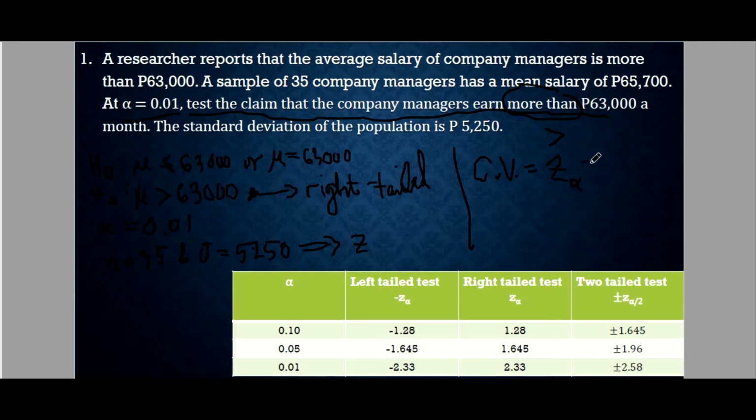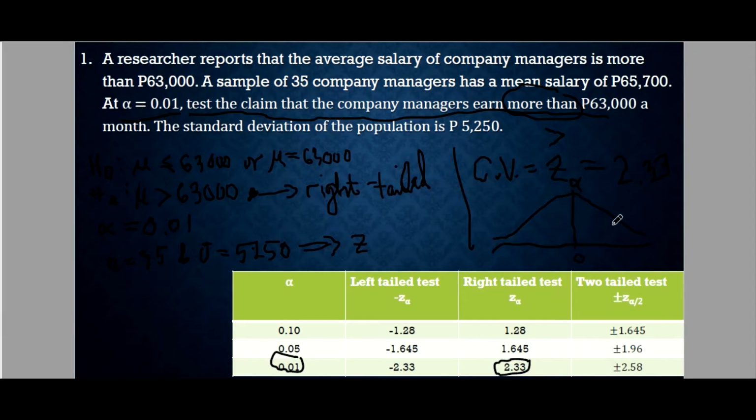Take note, alpha at 0.01, so z alpha is 2.33. Therefore, this is positive 2.33.